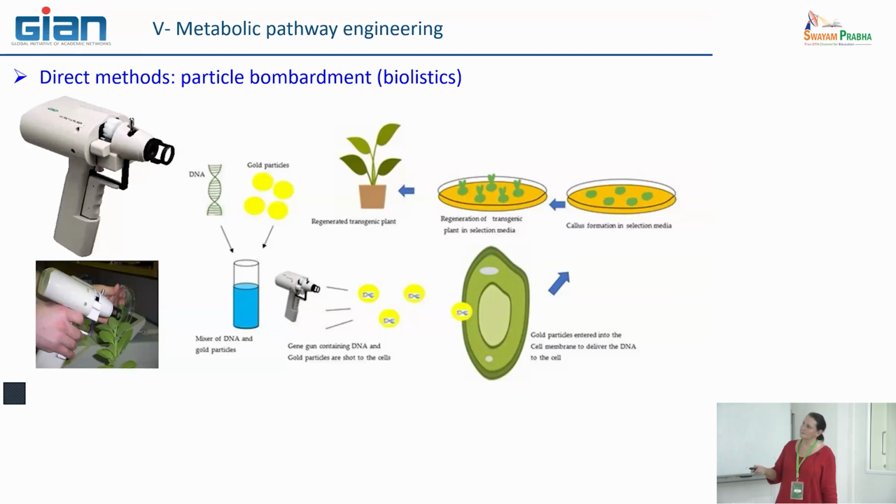So by this type of methodology, you can produce both transient transformation or stable transformation. This could take more time than some hours, obviously, but it is not the same aim to produce these two types of plants.